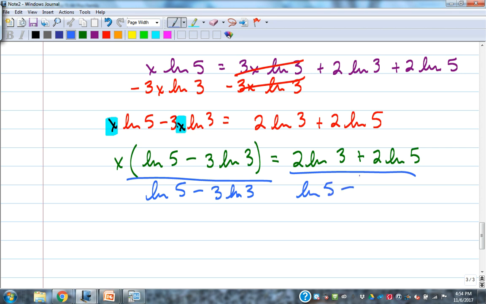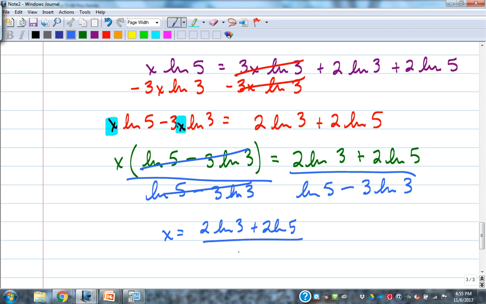Trust me. Now, this side over here, these cancel out. There's our x: 2 natural log of 3, 2 natural log of 5, over natural log of 5 minus 3 natural log of 3. We're going to get a decimal approximation for that.